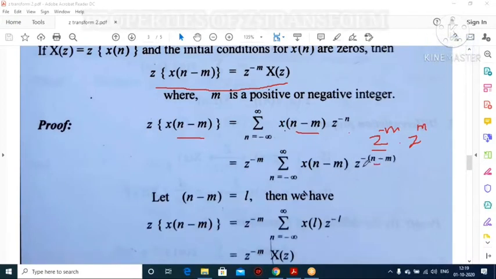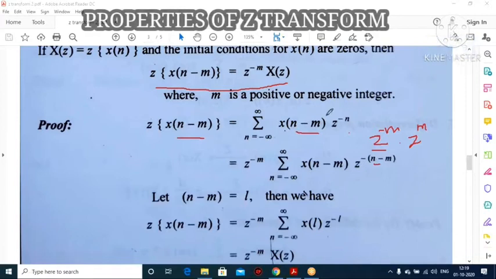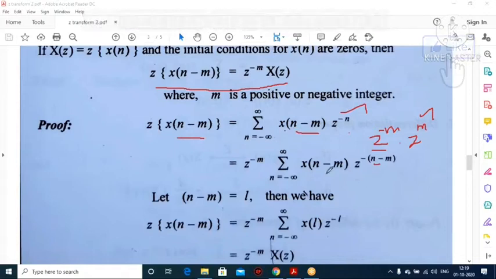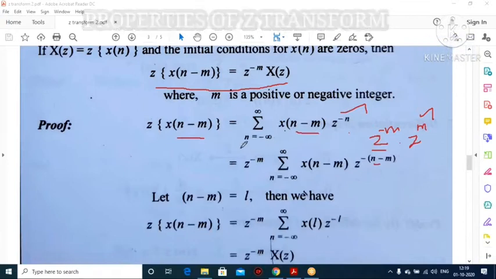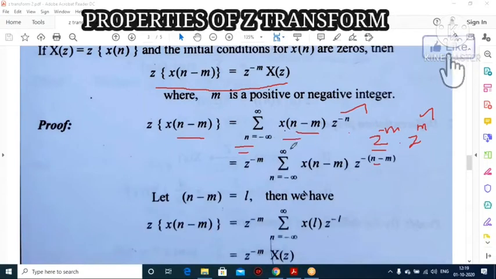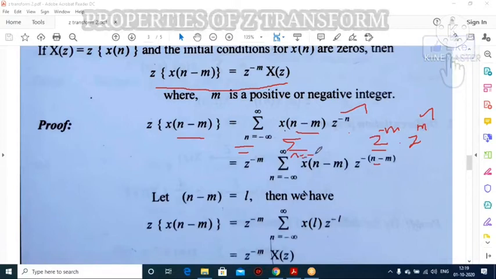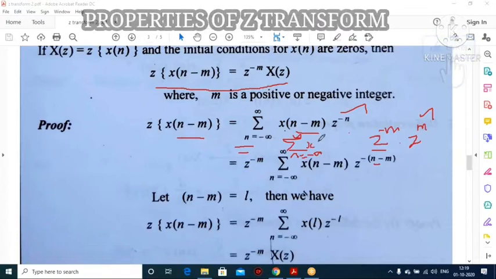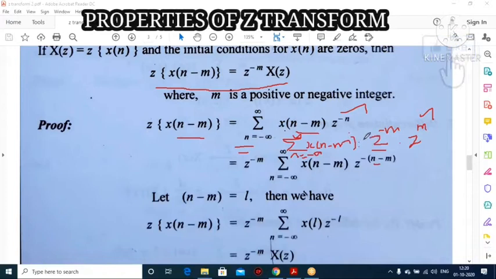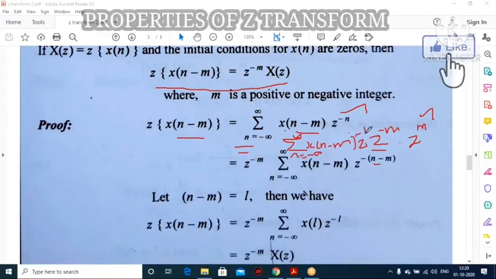Cross checking, z power minus n, I got this point; z power plus m, this I also got. Write one more step here: summation n equal to minus infinity to plus infinity x of n minus m into z power minus n.